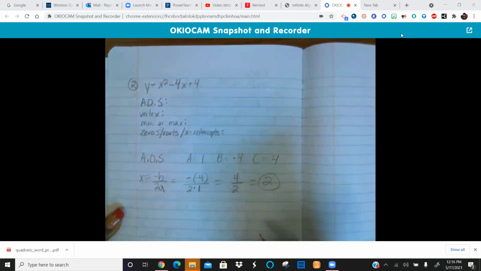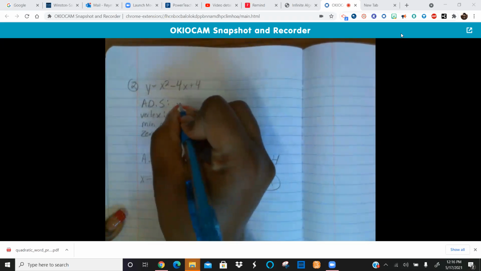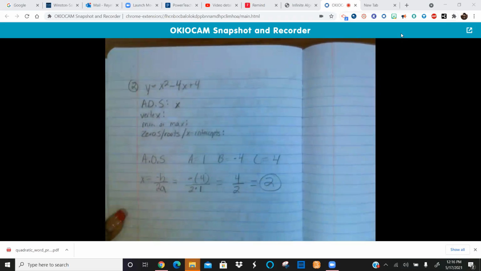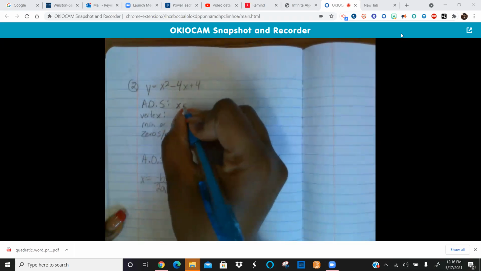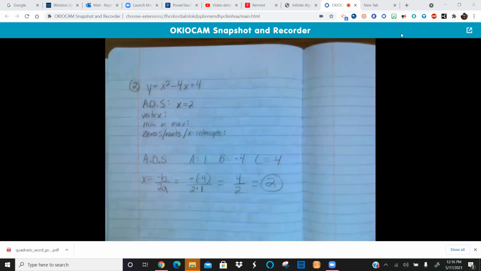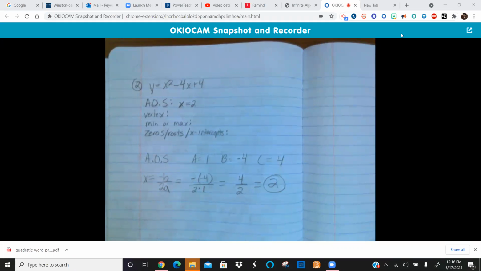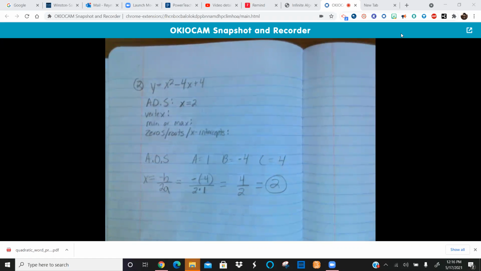So our equation for the axis of symmetry, the vertical line that cuts this parabola in half, is X is equal to 2. Questions, comments, or concerns? Did anybody get that right? Okay, good deal.